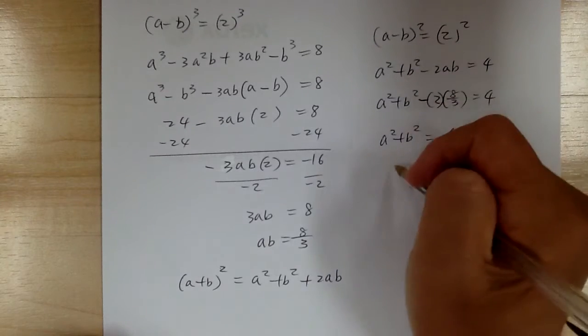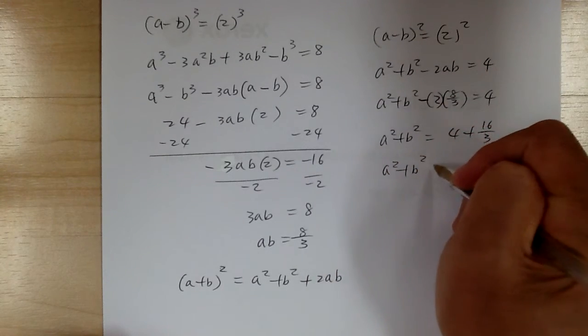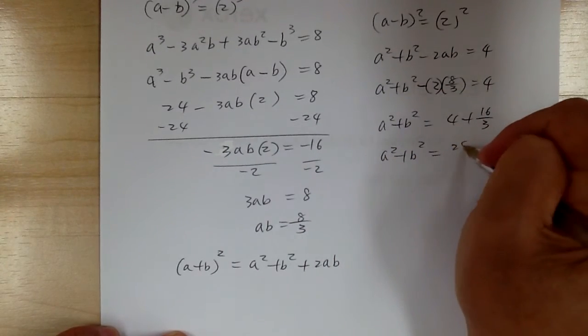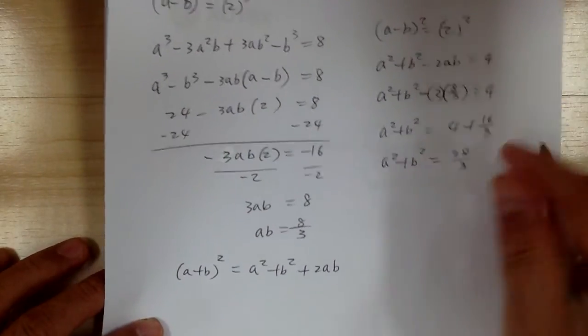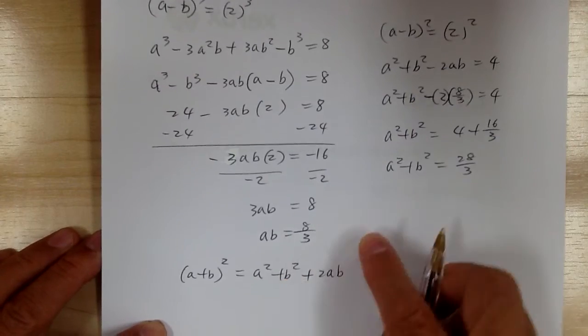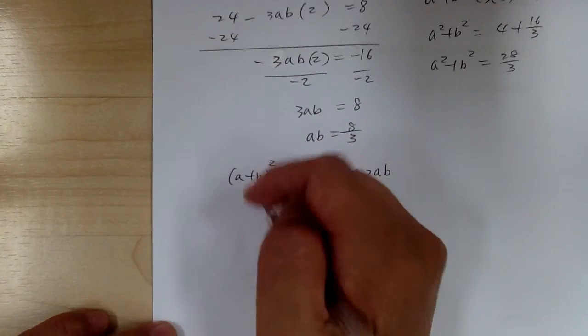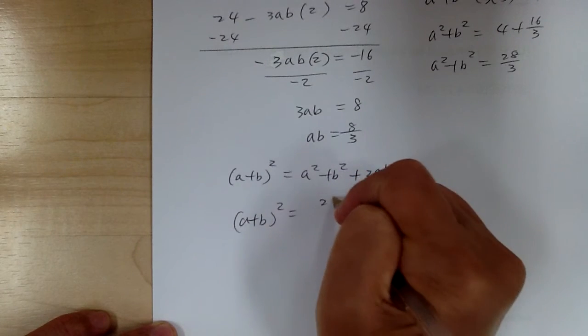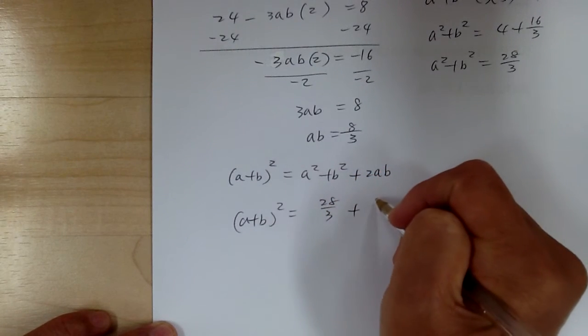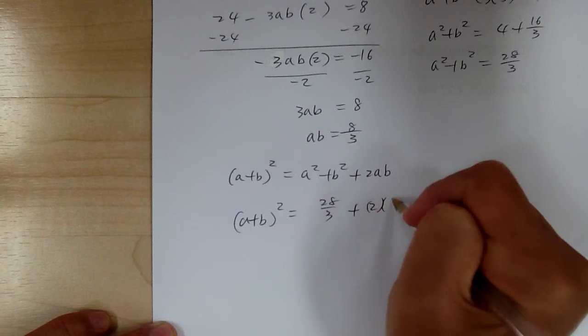So move this over. So a squared plus b squared will equal 28 over 3. Okay, so now we know this part we can substitute into here. So a plus b squared equals 28 over 3 plus 2 times 8 over 3.